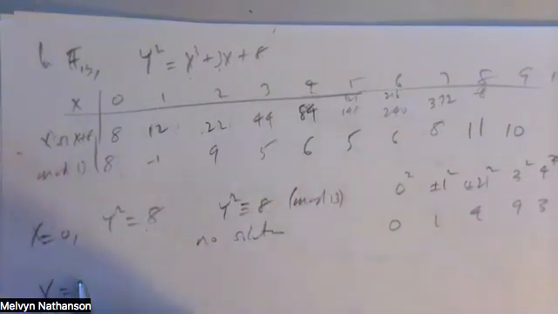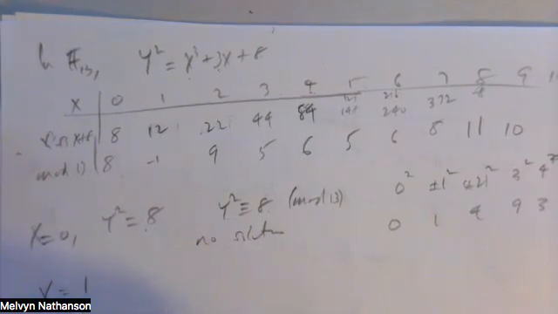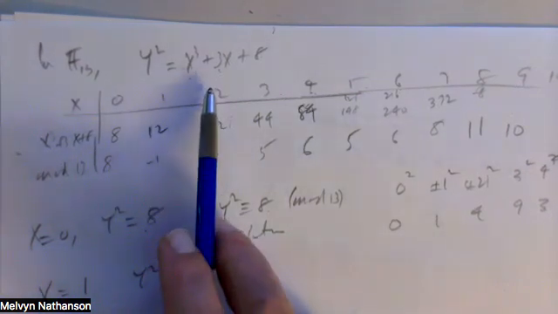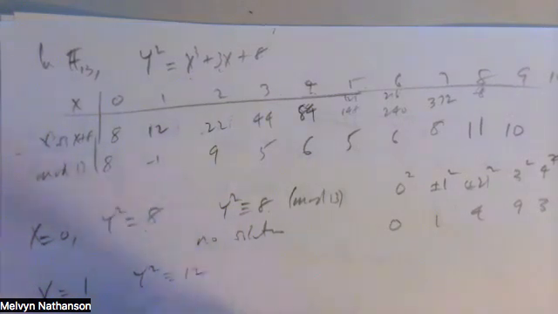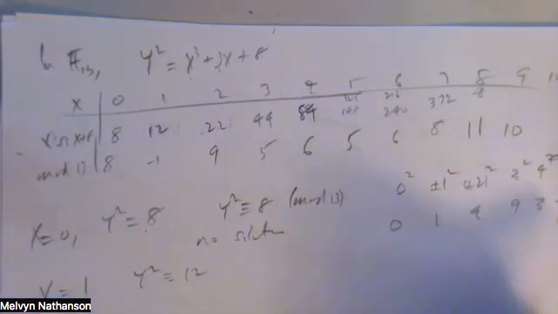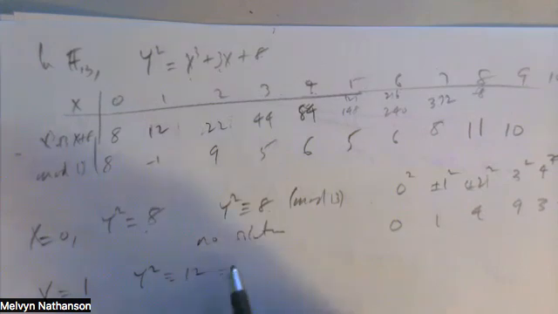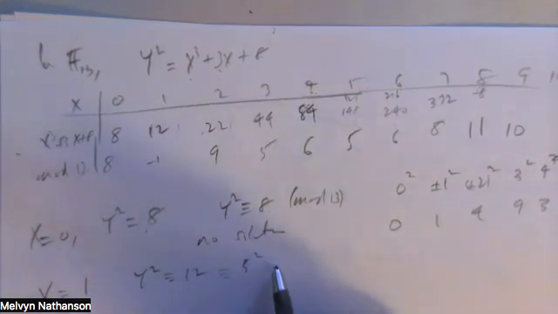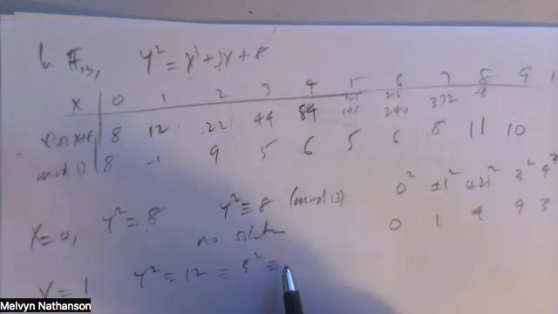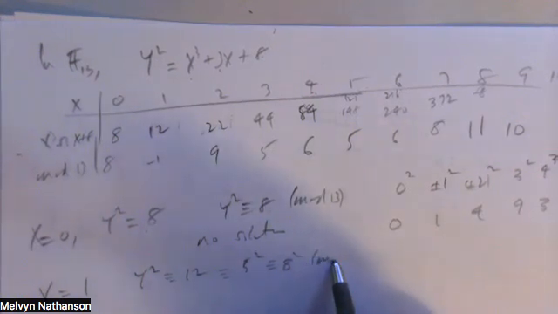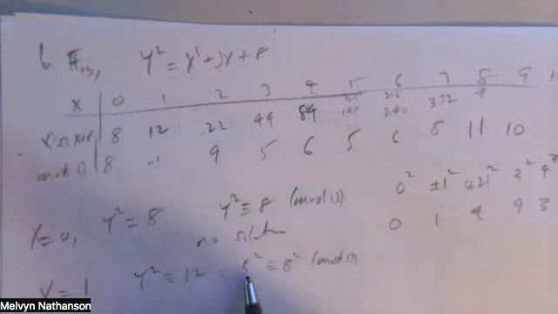What about when x is equal to 1? When x is equal to 1, y squared is going to be 1 plus 3 plus 8, which is 12. 12 is equal to 5 squared and also minus 5, which is 8 squared mod 13. 25 minus 12 is 13. 64 minus 12 is 52, which is 4 times 13.